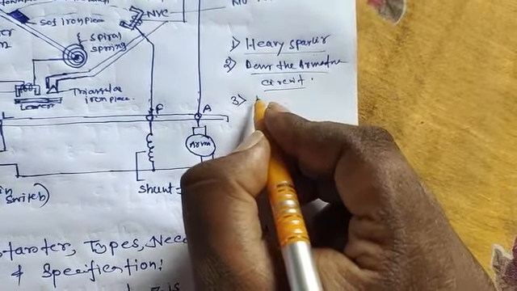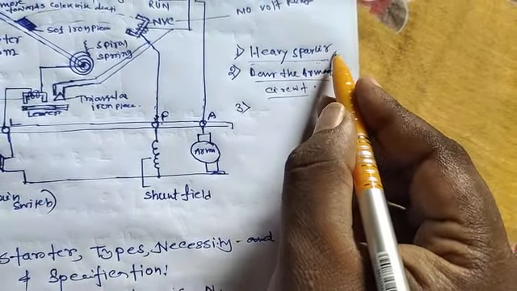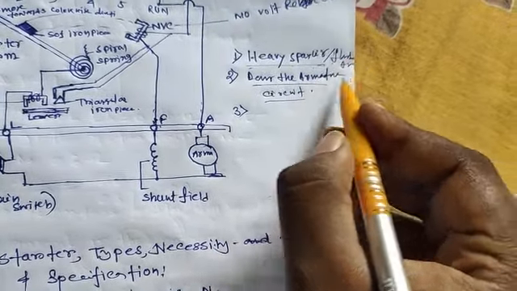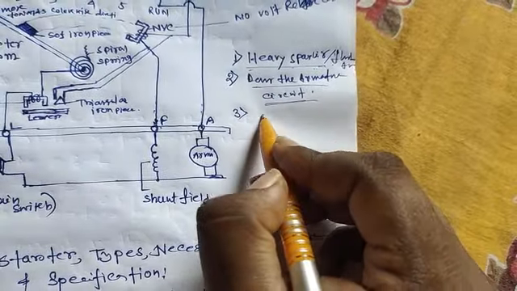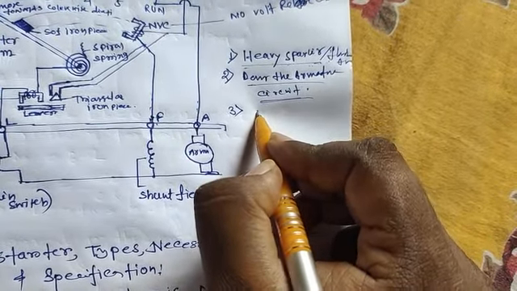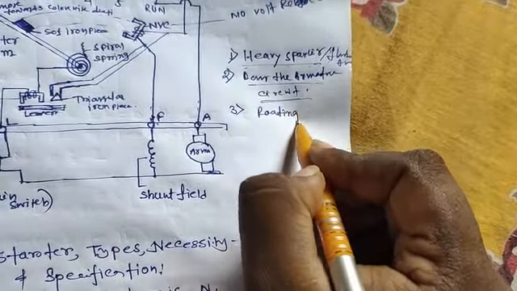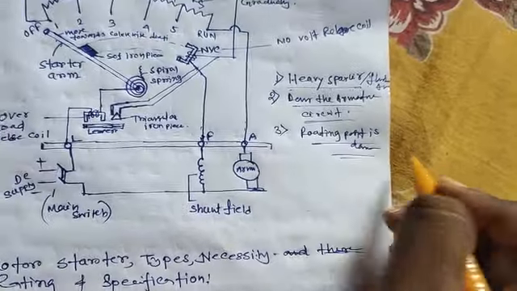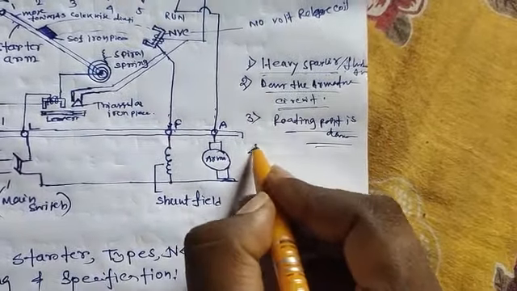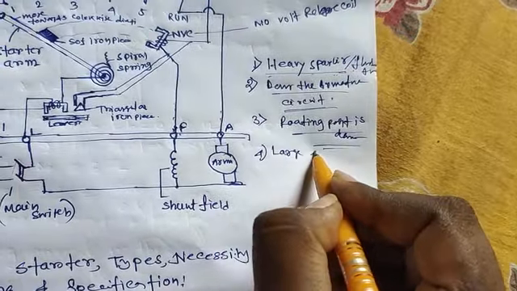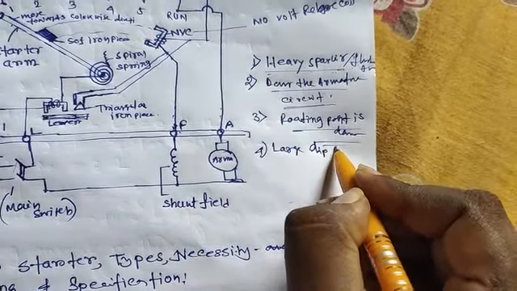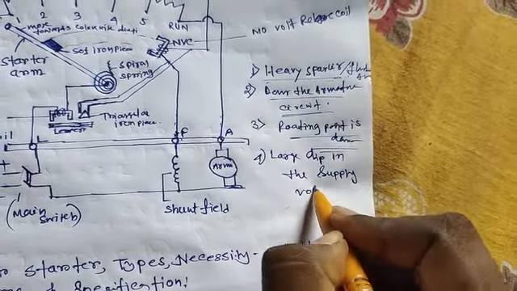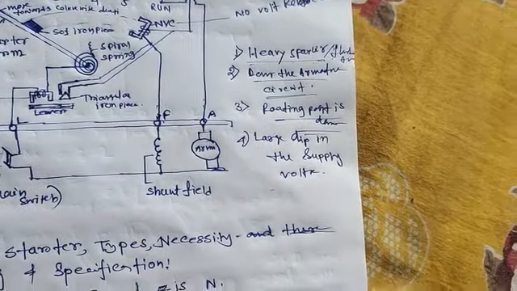So the first one is heavy sparking or flashover in the motor armature winding, second is damage to the armature circuit, third is damage to the rotating part, and fourth is a large dip in the supply voltage.